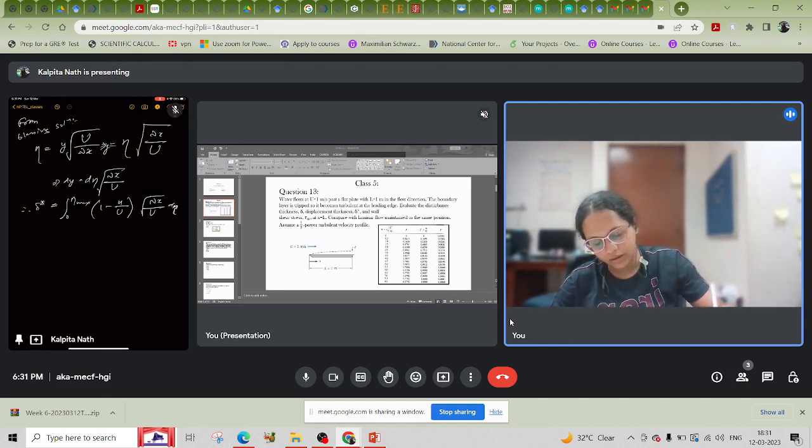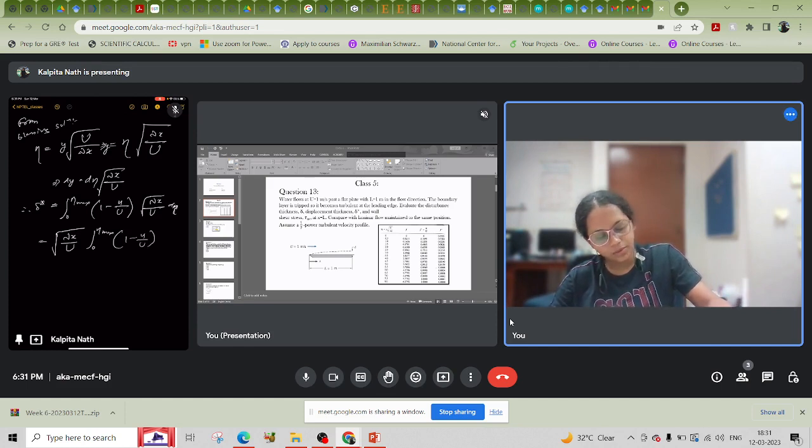So now root over nu x by u times the integral from 0 to eta maximum of 1 minus small u by capital U d eta.